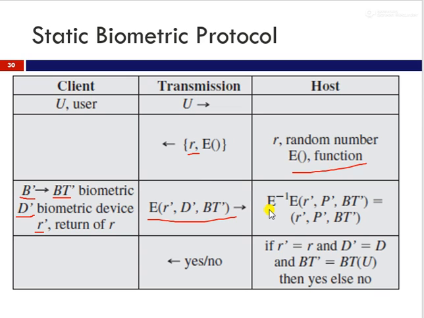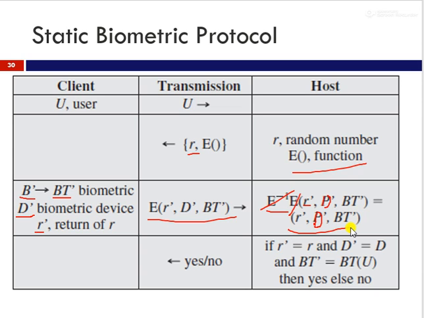So the host knows the decryption key, so the host performs the encryption inverse operation on it, that is decryption. Encryption and decryption cancel each other, and the host gets back R, D, and the biometric template.